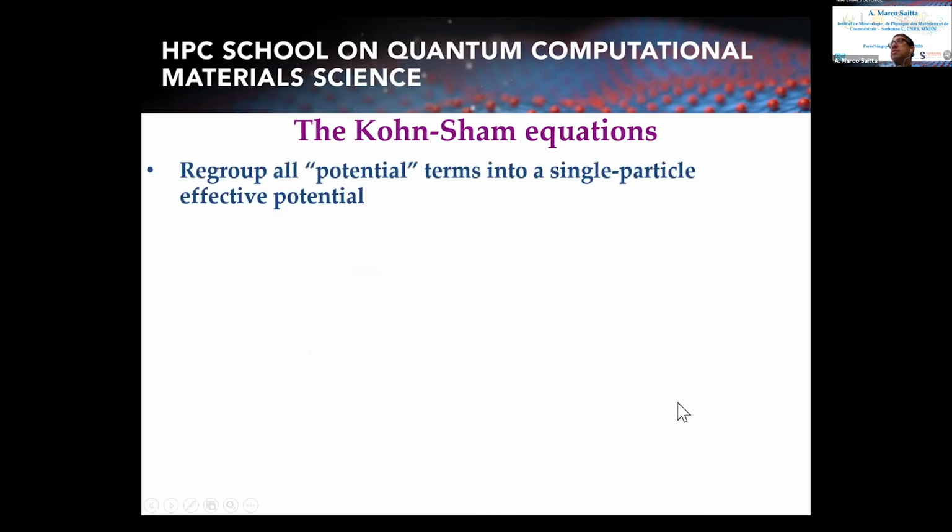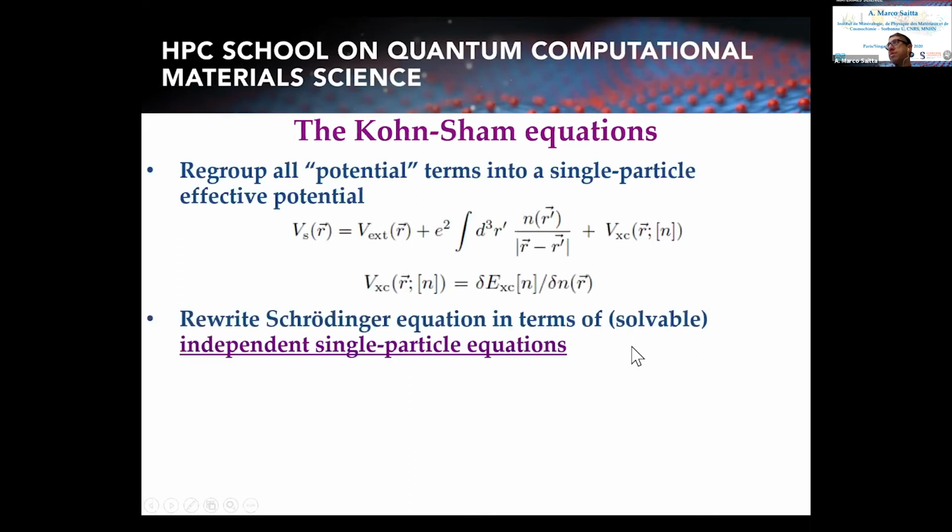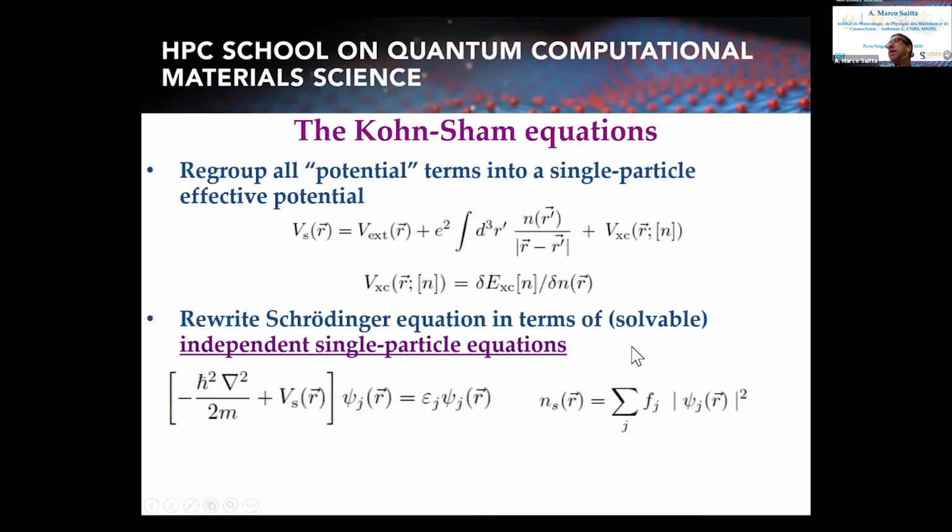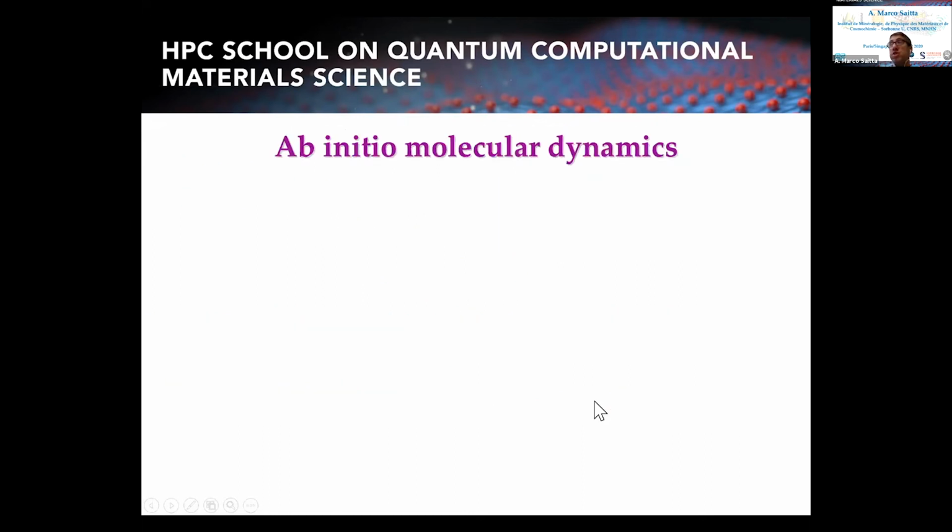This allows us to rewrite the many-body problem into a single independent single particle equation like this one. And since these single particles are much easier to handle, we can easily find the numerical solution of this equation here, and then go back to the total energy.